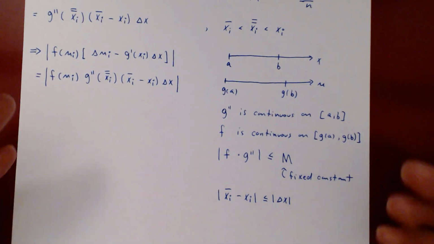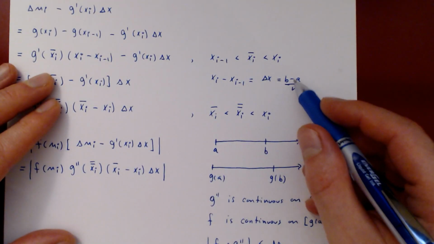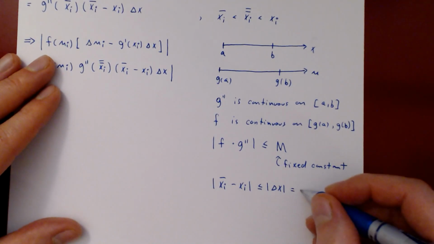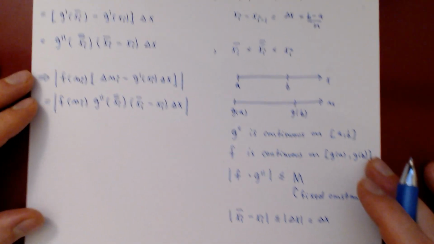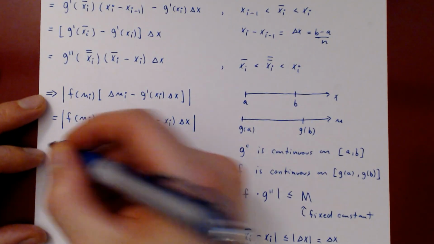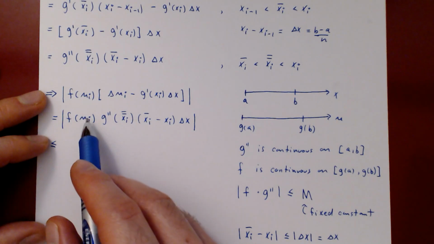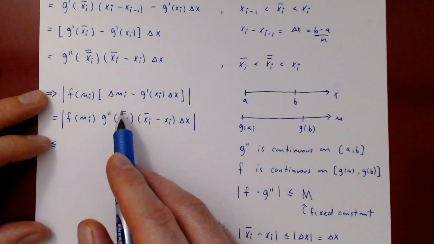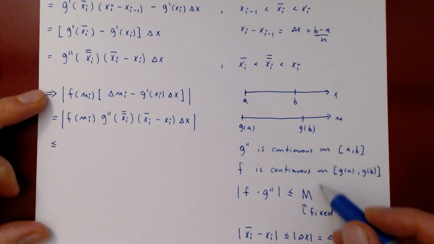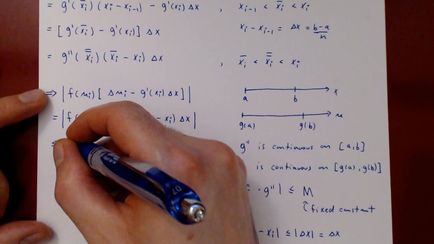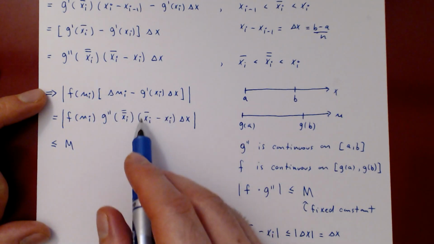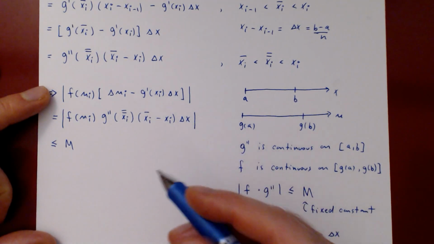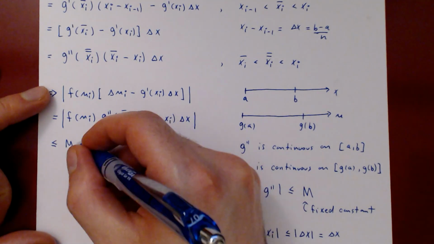Now of course here we assume that a was less than b, so delta x equals delta x in absolute value. And now we are good to go. We have an upper bound. For any value ui and any value xi double bar, this product between f and g double prime in absolute value will be at most a fixed constant m. This in absolute value is at most delta x times delta x. Therefore we have delta x squared.